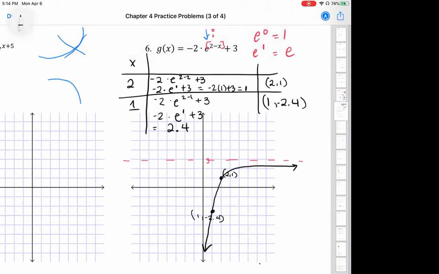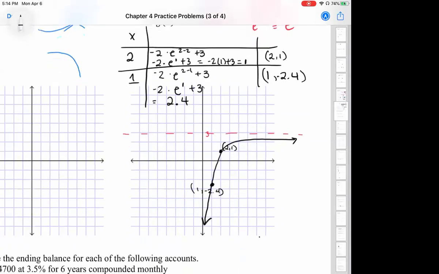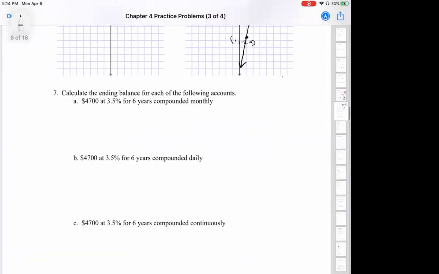Alrighty, let's take a look at, that was 6, now 7C. Calculate the ending balance for each of the following accounts. We have 4,700 at 3.5% for 6 years compounded daily.